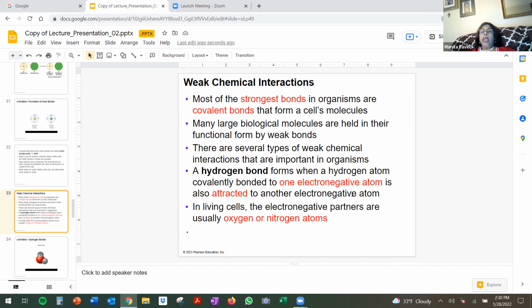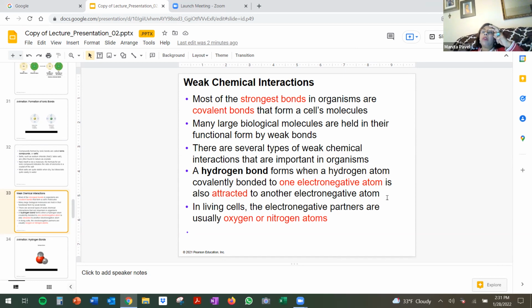So it forms when a hydrogen atom is covalently bonded to one electronegative atom and is also attracted to another electronegative atom, as in water, two hydrogens with one oxygen. Where would I also see hydrogen bonding taking place with the more electronegative partners besides hydrogen atom? The electronegative partners are oxygen or nitrogen atoms.